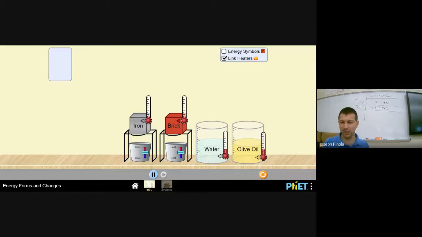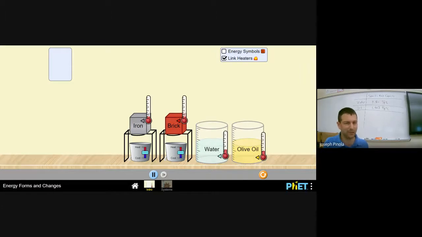So now let's take a look at a slightly different example. We have two other objects, iron and brick. Can you guess which object will change its temperature by more? Well, the problem is I haven't really told you about the specific heat capacity of the iron nor the brick.